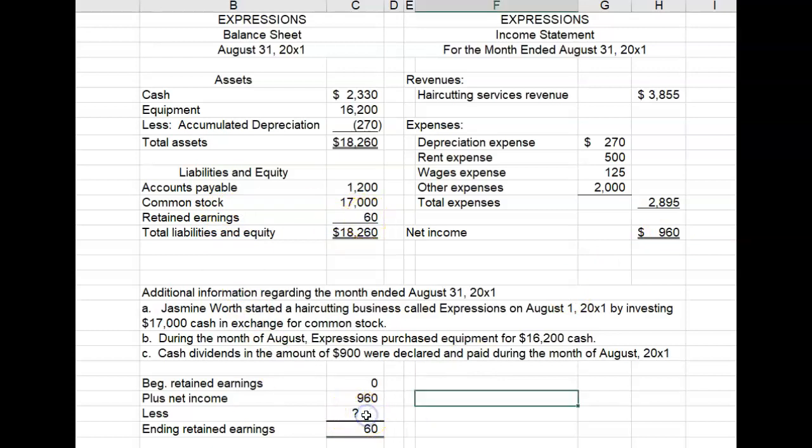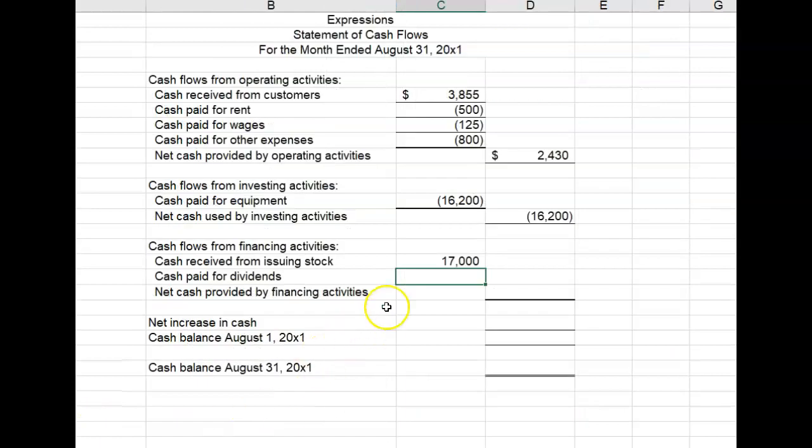That is obviously minus $900. So cash paid for dividends is $900. Even if I had not given you that number right there, you would have been able to calculate that cash paid for dividends was $900. So let's go over here. Cash paid for dividends. And remember, if cash is going out the door, it's in negatives.